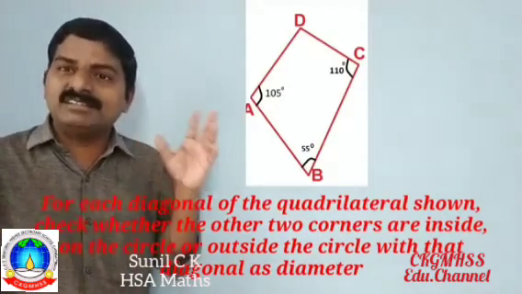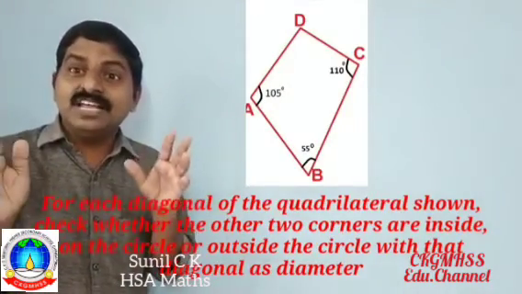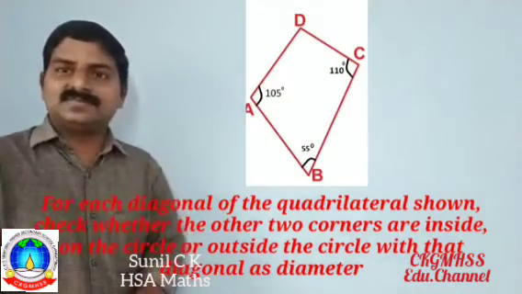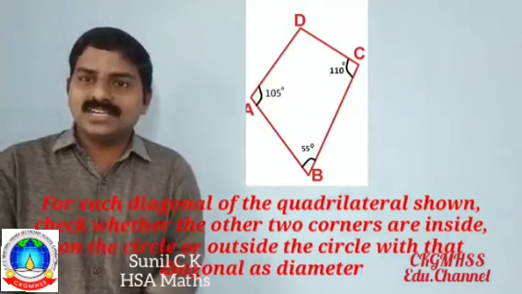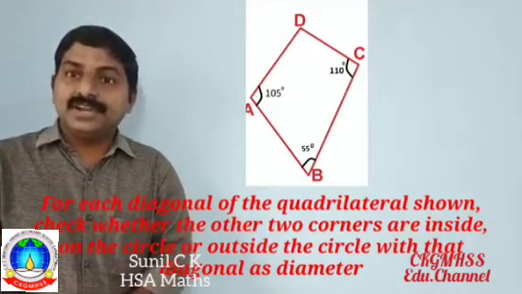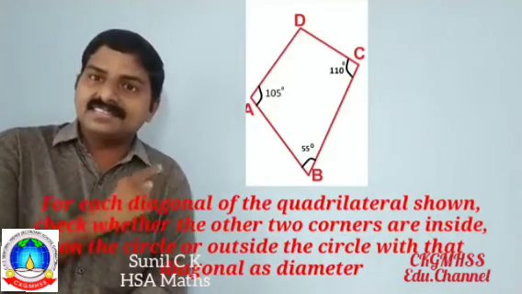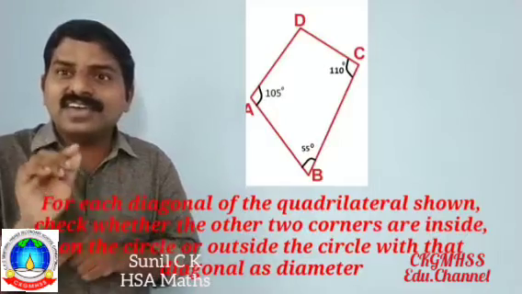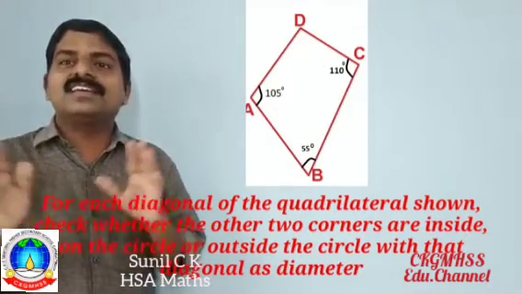Both are more than 90 degrees. Therefore, those 2 points are inside the circle. If you draw a circle with the diameter BD, then the points A and C are inside the circle. Reason is measures of A and C are more than 90 degrees.